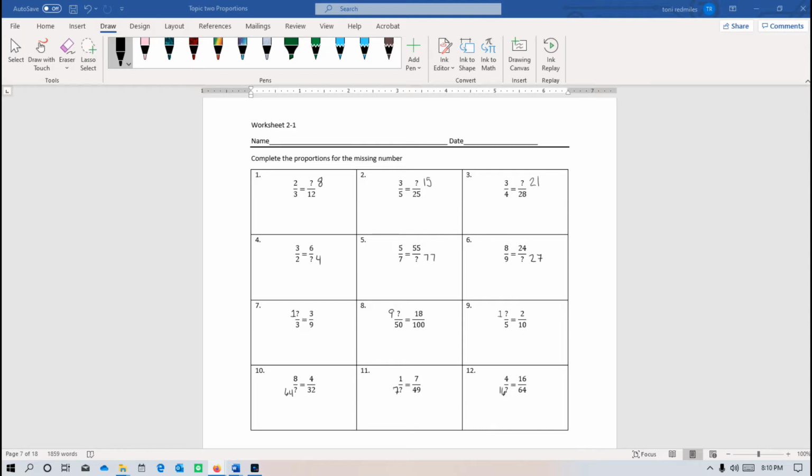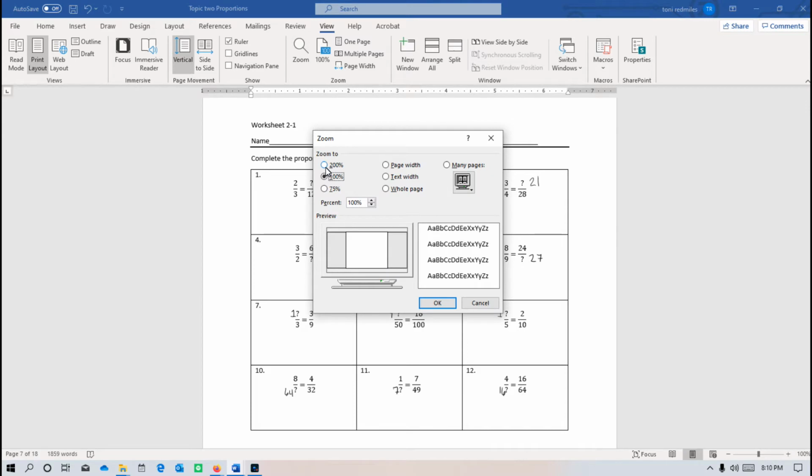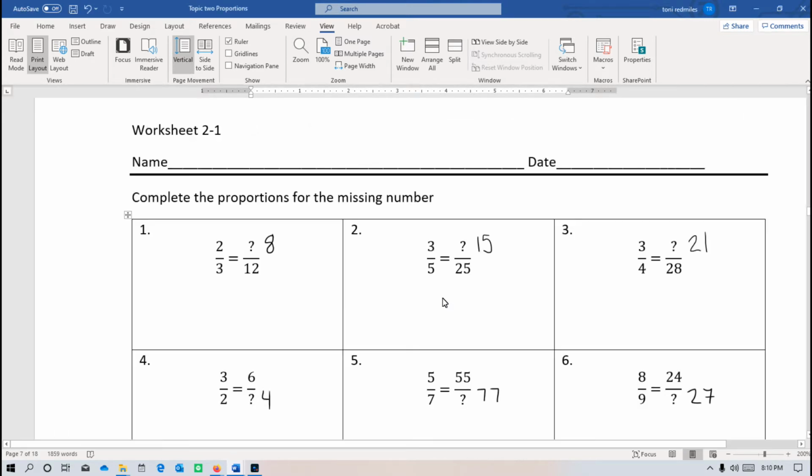Alright, let's get started. So I'm going to zoom in. In this one, remember, I don't teach the cross product rule.